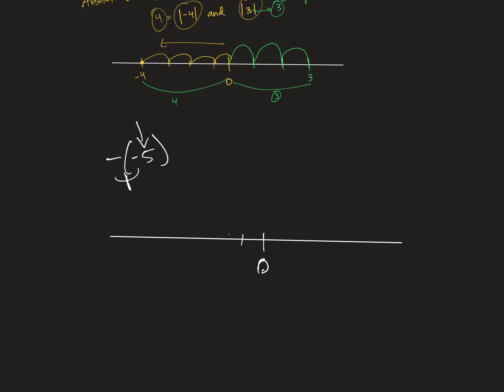So I go 1, 2, 3, 4, 5. So I know -5 is going to be right here. But now this is saying, what's the opposite of -5? So I would count 1, 2, 3, 4, 5 in the opposite direction. So the opposite of -5 would be 5.